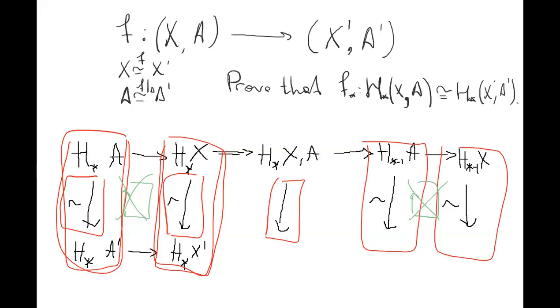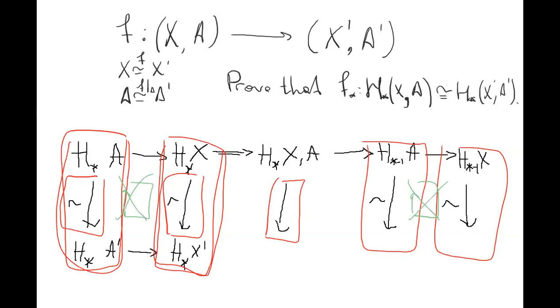So in our case, they commute because we obtain them from the same map, because you know that homology is a functor, and the top and bottom rows are exact.